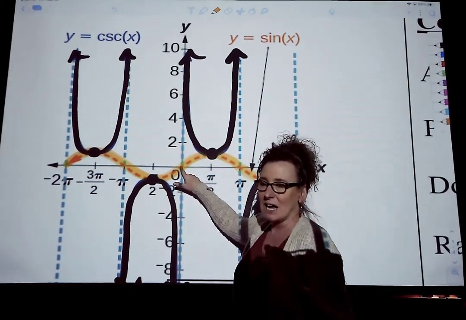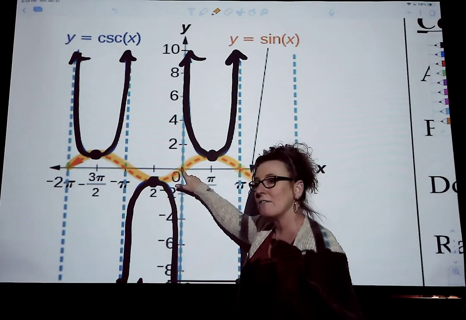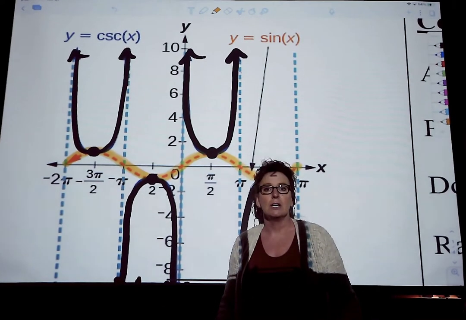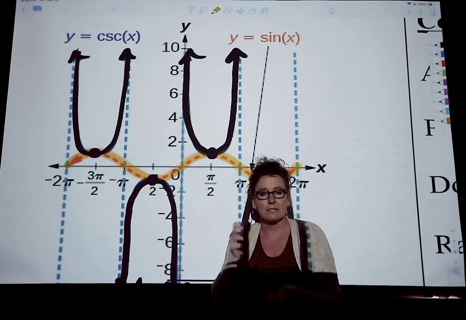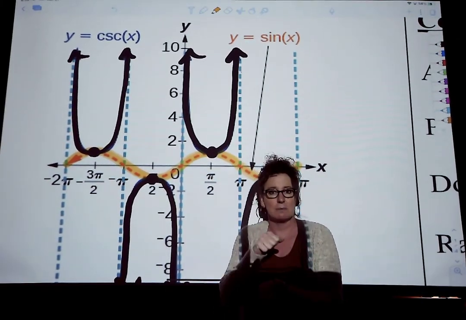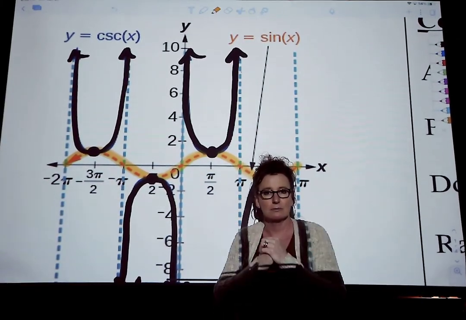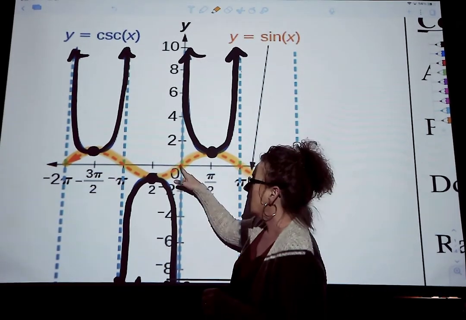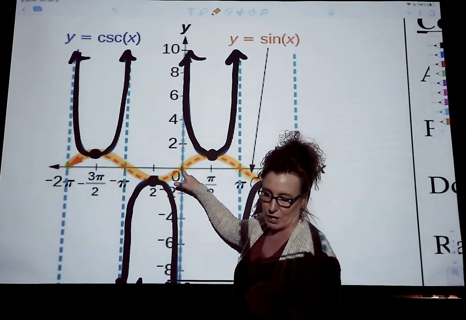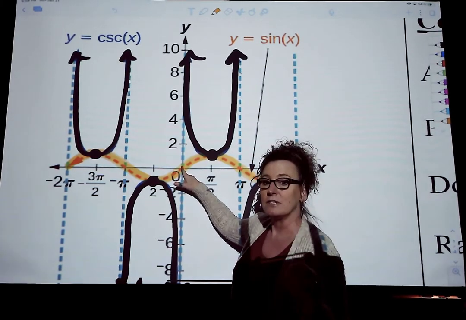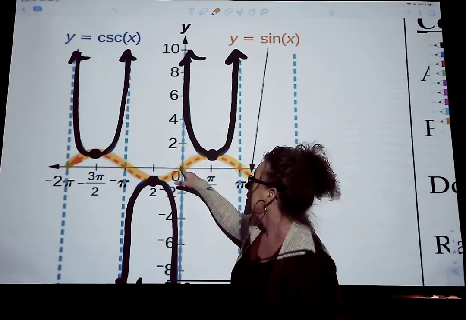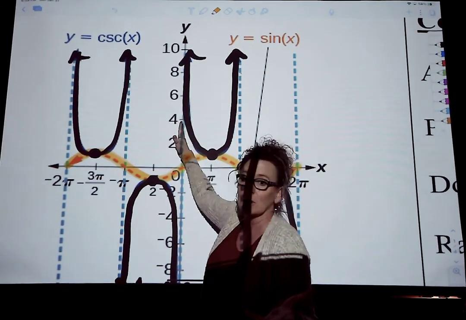Every time sine has a y value of 0, ready? Turn that y value upside down. What do you get when you turn 0 upside down? It blows up. So every time sine, the orange graph, has a value of 0, when you turn it upside down to get cosecant, cosecant blows up and has an asymptote.